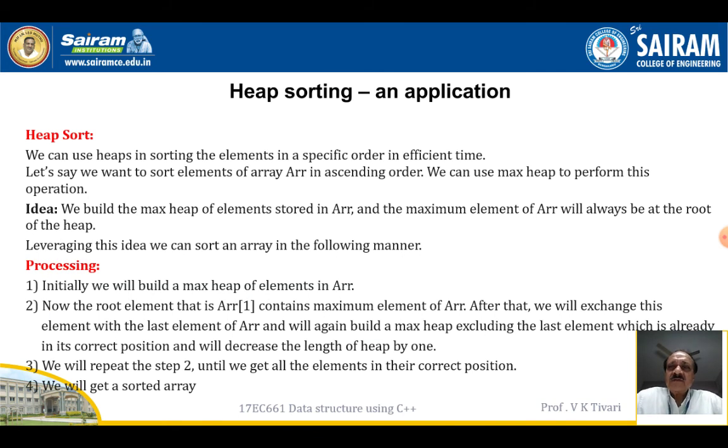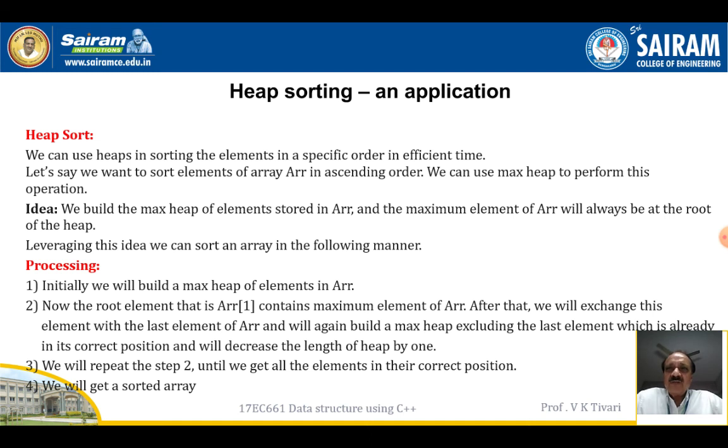Heap sorting. Here we can use heap for sorting elements in a specific order in efficient time. Let's say we want to sort the elements of an array in ascending order. We can use the maximum heap function to perform this operation. This is the idea of sorting. How do we do the process? Initially we will build a maximum heap of the elements in the array.